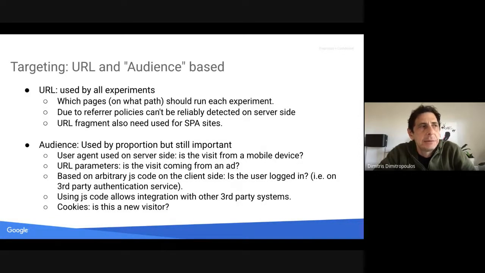You can't trim the script easily, to just the experiments relevant to the page, due to referrer policies from third-party scripts. You can't even know sometimes what page the user is looking at. And also, as others referred to, SPA sites are a very different story.